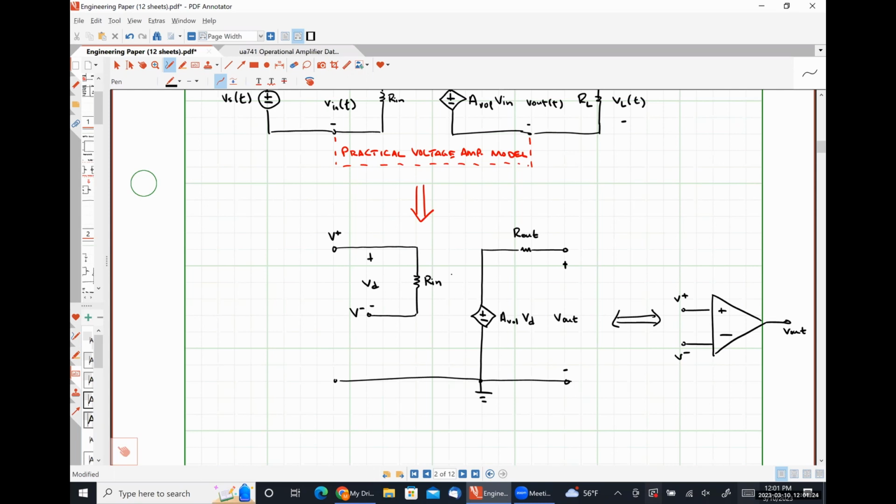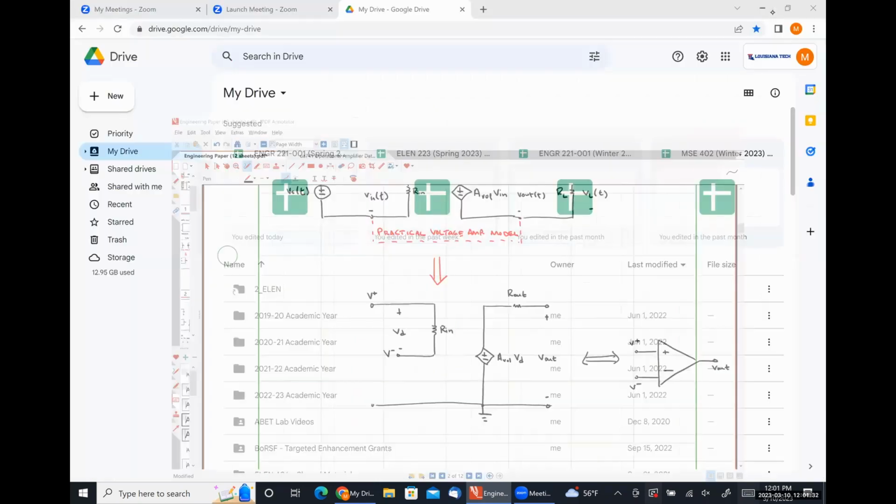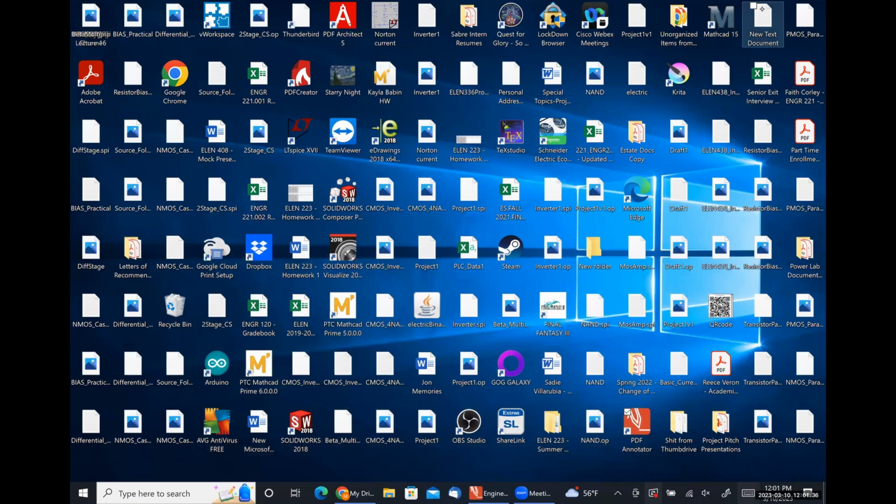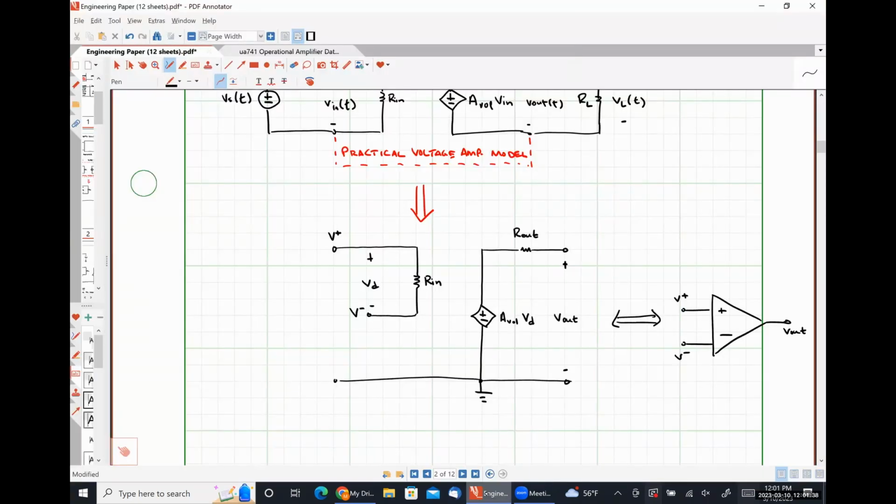Yes, Paige. You're gonna have to use PDF annotator. Yep, it's a horrifying mess. I have not deleted stuff off of that desktop in probably 4 years at this point, and so many things, like LTspice, randomly save files there.